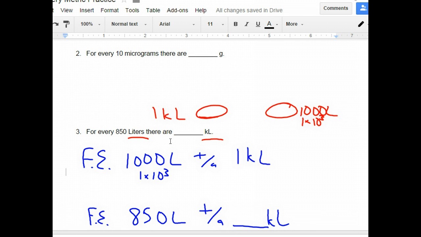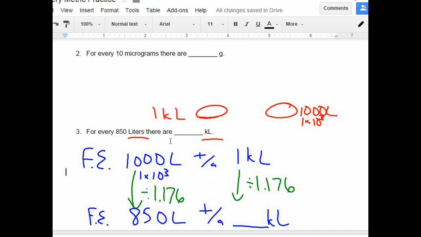So if you think about it this way, this number went down, so I'm going to divide in order to get that, and I'm going to divide by 1.176. And I use my calculator to figure that out.